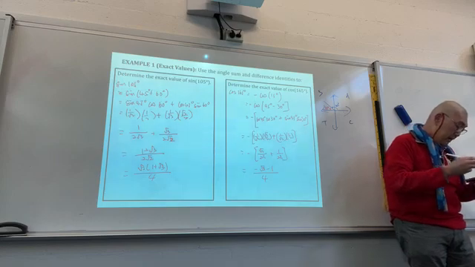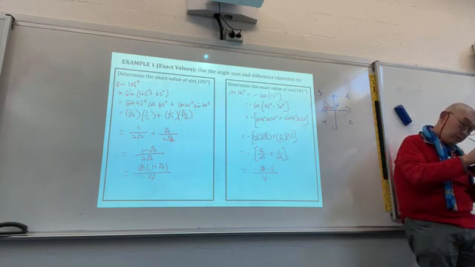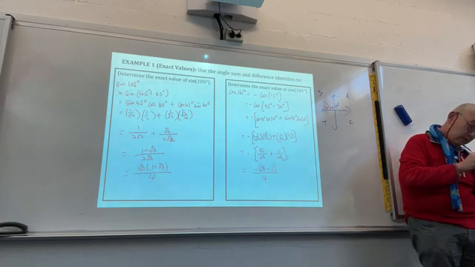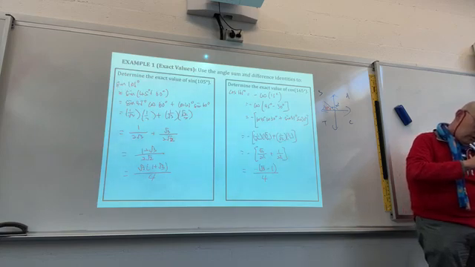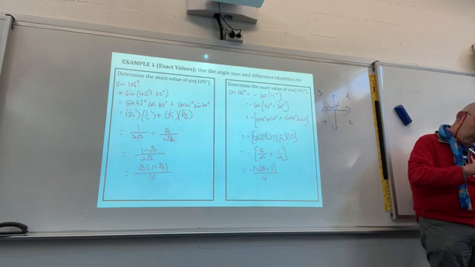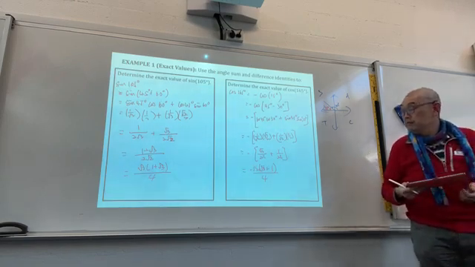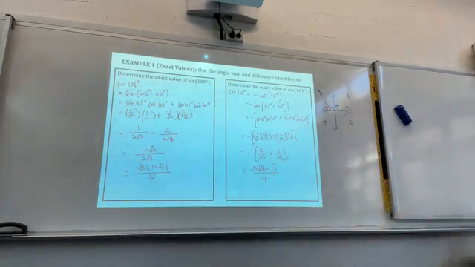Oh, sorry, I need the square root of 2. Oops, my fault. So think about how you could solve it. Use your unit circle and your knowledge of 45 degrees, 30 degrees, 60 degrees, and so forth.